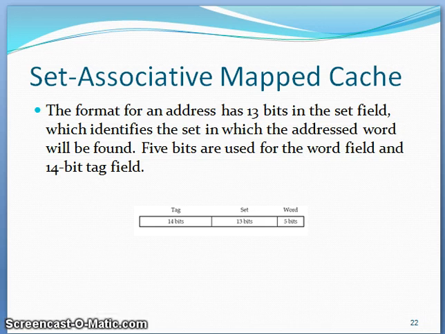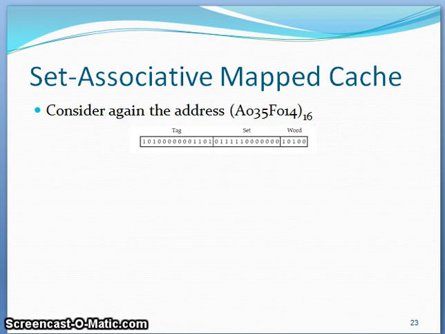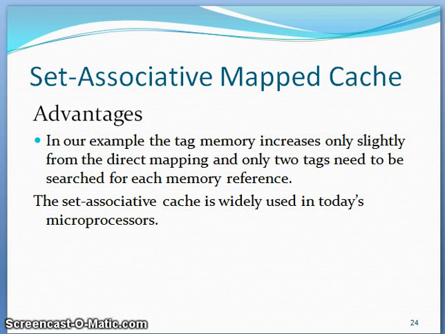The format for an address has 13 bits in the set field, which identifies the set in which the addressed word will be found. 5 bits are used for the word field and a 14-bit tag field. As shown in the figure, the total field is divided into 3 parts: tag, set and word.